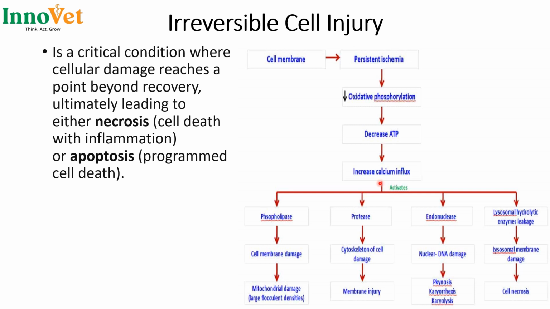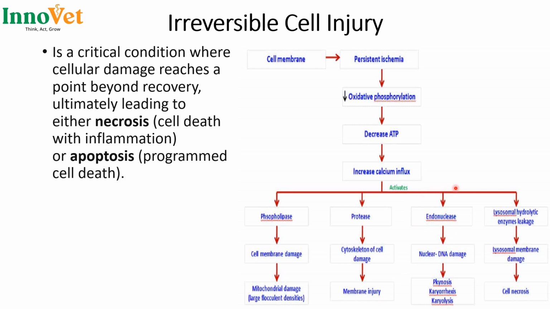And once calcium accumulates in the cell, this calcium will activate phospholipase, which will lead to cell membrane damage and mitochondrial damage. And it will also lead to formation of myelin figures. We also have calcium activating proteases, which will damage the cytoskeleton, leading to cell membrane injury.